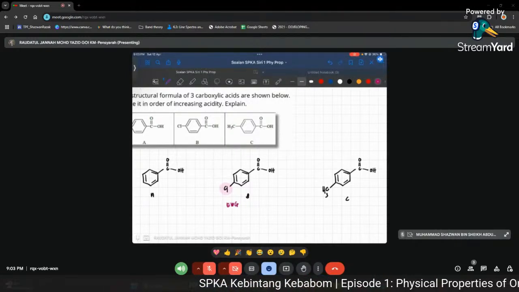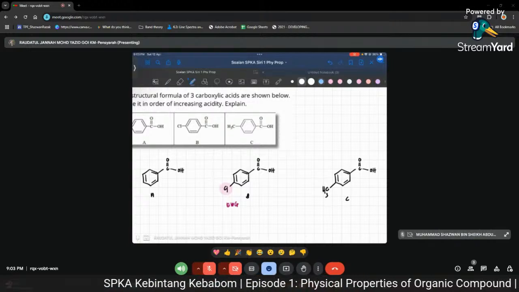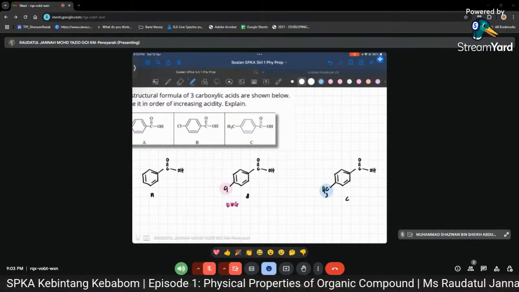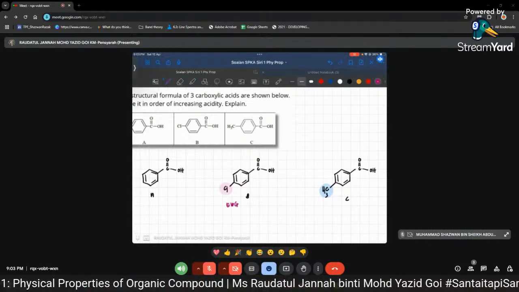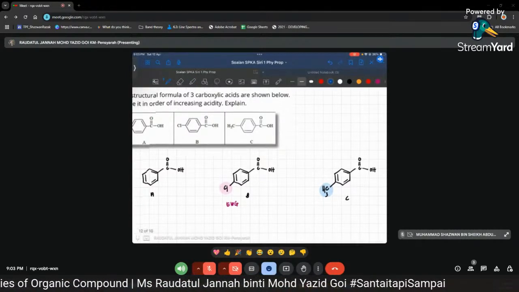Okay, and when you check the third structure that we have here, we have a methyl group at the para position. So like what I said earlier, any alkyl group is actually an electron donating group.